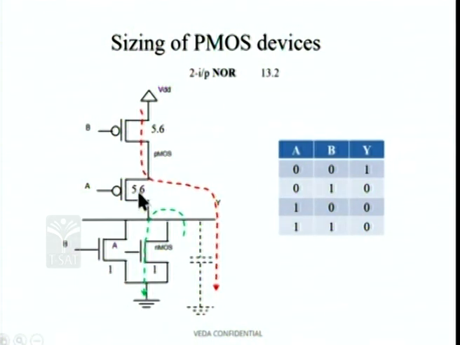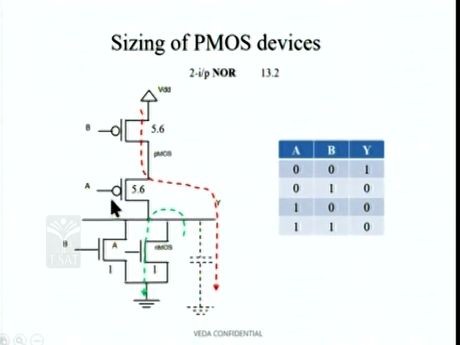If this is 2.8 and this is 2.8, the charging path will have a resistance of 2 times Rp, whereas the discharge path will have a resistance of Rn. However, we want the discharge path resistance and the charging path resistance to be the same.